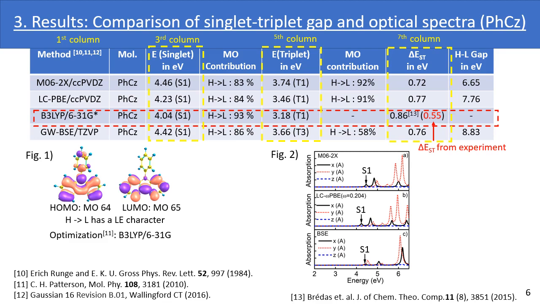However, for the GW-BSE method, we should subtract S1 and T3 because they correspond to the HOMO to LUMO transition, which gives a value of 0.76. This matches well with the experiment, which shows a value of 0.55. However, other theoretical results suggest that the singlet-triplet gap lies somewhere between 0.55 and 0.8.